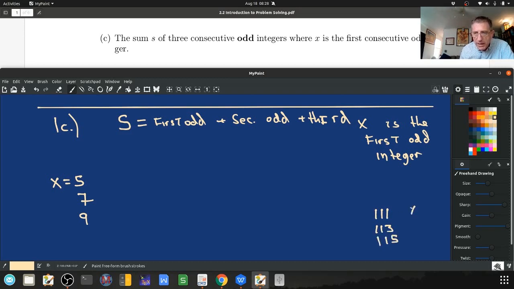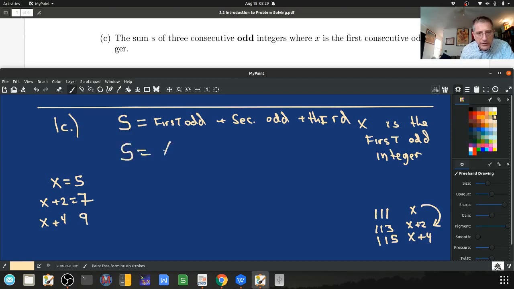So if this is equal to x, what do I have to add to x to get 113? Well, that's x plus 2. And what do I have to add to x to get 115? It's x plus 4. The same over here. If x is equal to 5, then 7 is equal to x plus 2, and 9 is equal to x plus 4. So that gives us exactly what we want.